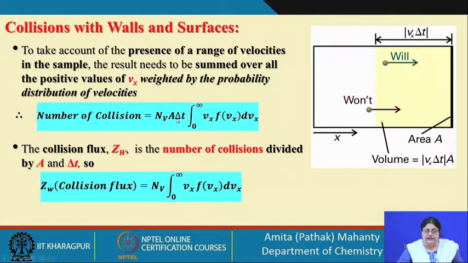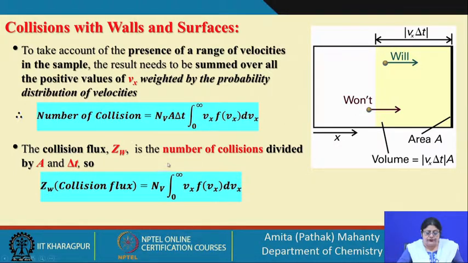The x was this side, v was this side, v delta t was the term which was outside, we have taken the v inside. So, velocity into the distribution function gives you the weighted fraction. So, let us find out what this is going to be. If this is the number of collisions or collision frequency, then what should be the collision flux?